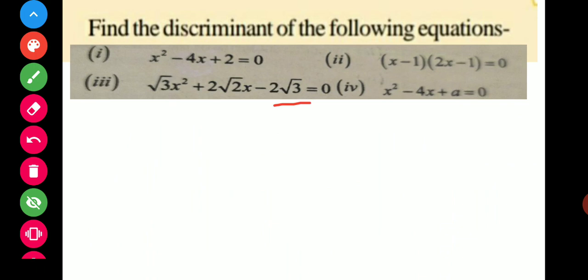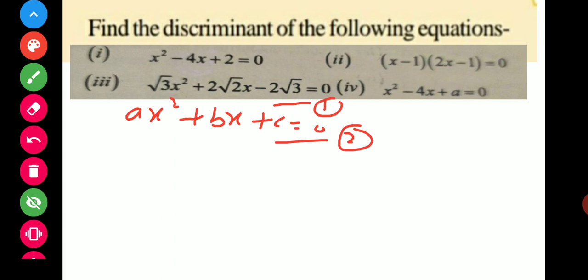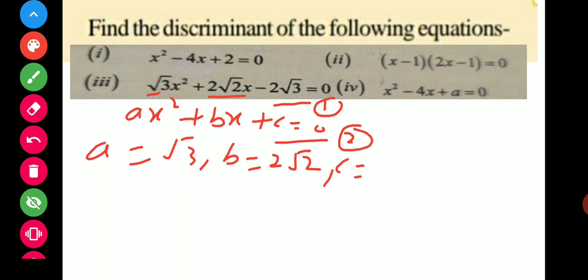This is your third portion, so you can see equation first. Now comparing with the equation ax square plus bx plus c equal to 0, that is equation second. How to compare? a is equal to root 3, b is equal to 2 root 2, and c is equal to minus 2 root 3.